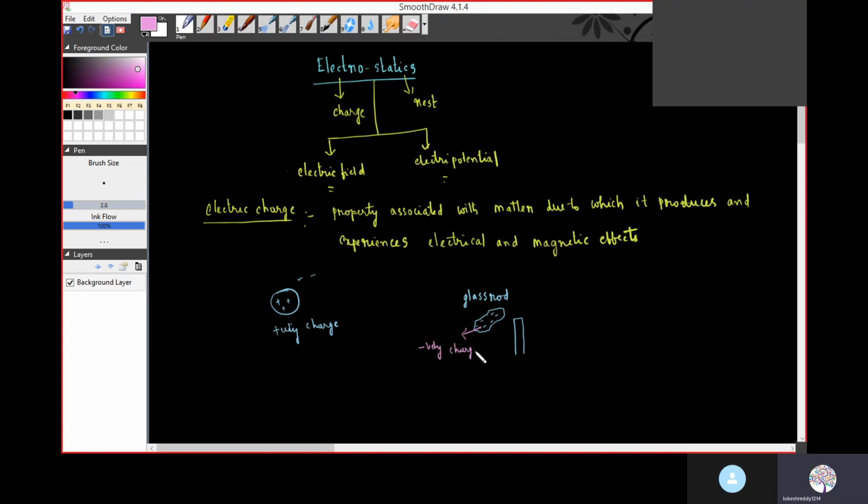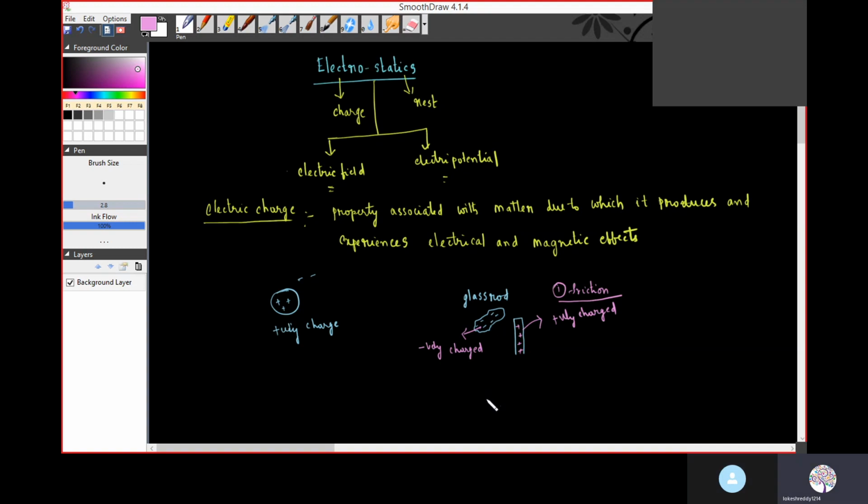As the glass rod lost electrons, we call the glass rod positively charged. So this electrification, making it positive or negative, we have done by using friction. So we can induce charge by friction. This is one method to produce charges.